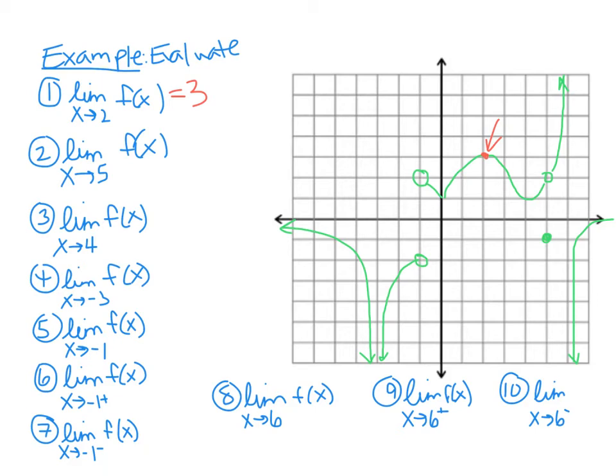So now we're finding the limit as x approaches 5. So when x equals 5, you can count over, we're going to be right here. You'll notice two things. First of all, there is a hole in the graph. The second thing is that we have a weird little point below the hole. So actually, the limit is not going to be based on where that point is. The limit is going to be based on the behavior of the graph.